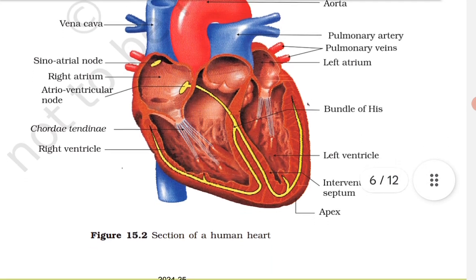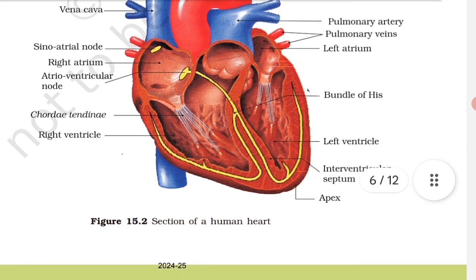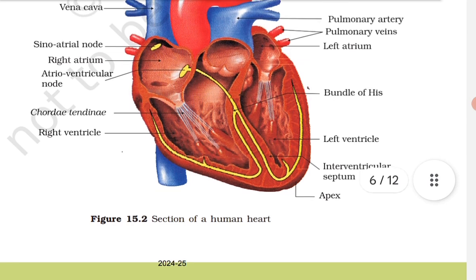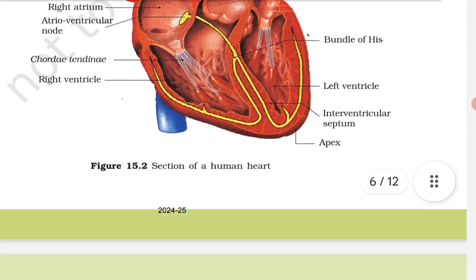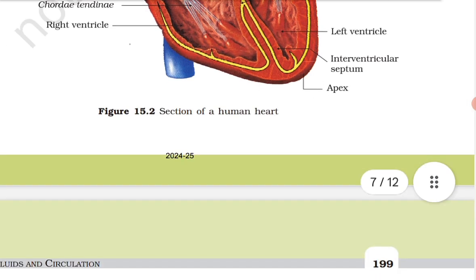In fishes, the heart pumps out deoxygenated blood, which is oxygenated by the gills and supplied to the body parts, from where deoxygenated blood is returned to the heart. That is single circulation.